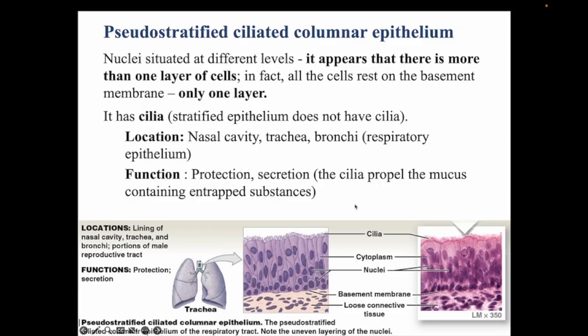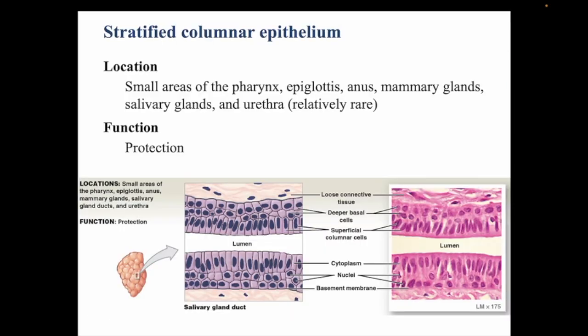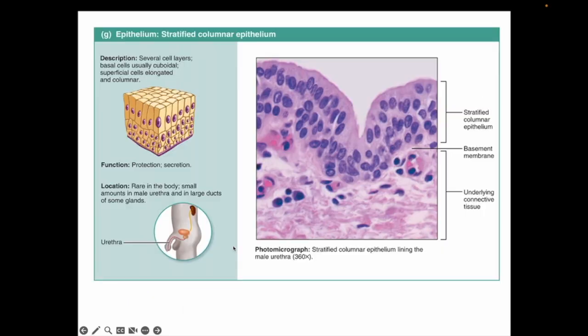So pay attention. I am going fast because, again, this is just to alert you to and help you focus on certain things, but you do have to go slowly. The stratified columnar is similar to the pseudo-stratified, but it has more layers. In this case, you find it in the pharynx, in the epiglottis, in the anus, the salivary glands, for example.